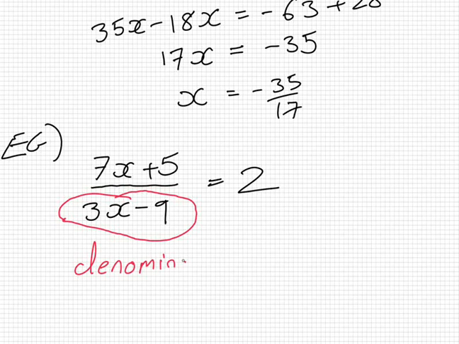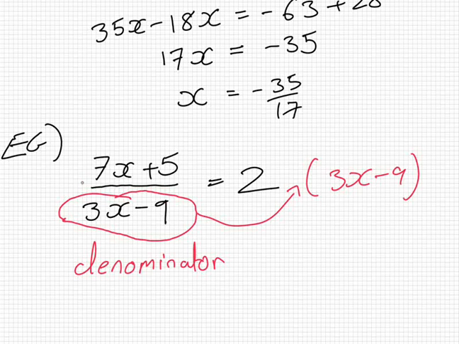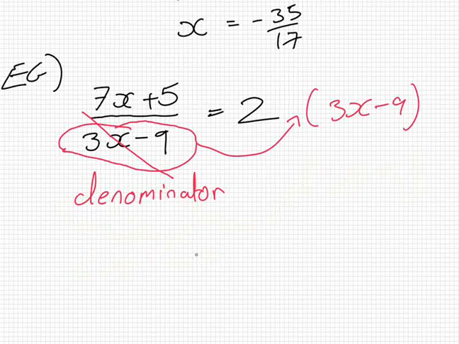You multiply both sides by the denominator. So basically, this comes up here, and that's gone. Which, as you said, is multiplying both sides by the denominator.